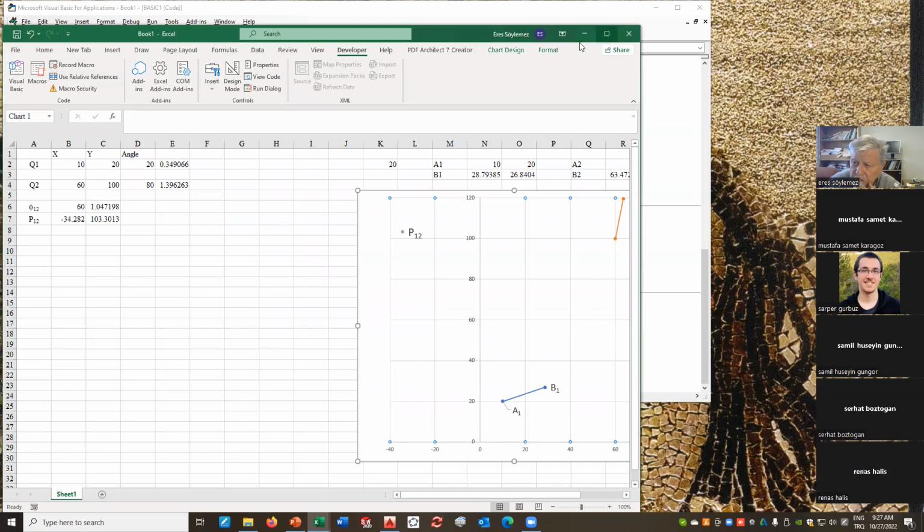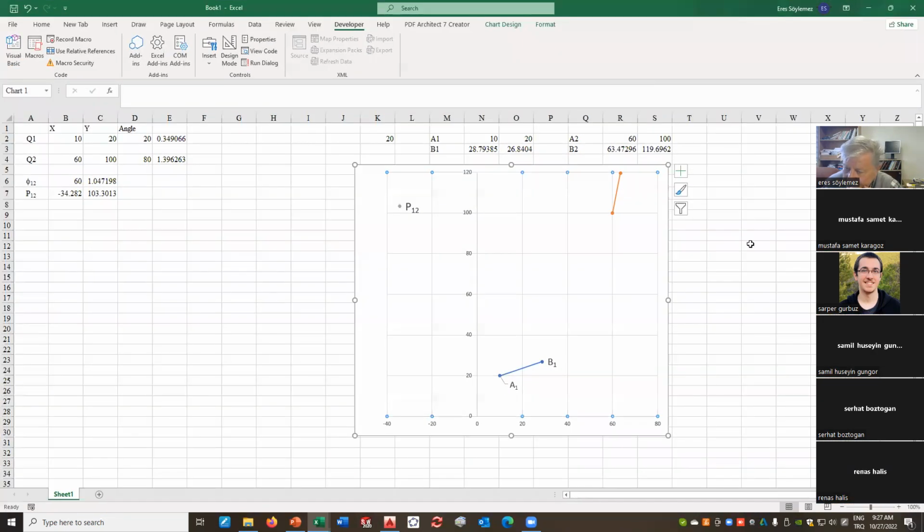Hocam. Yes, sir. What was phi12? Phi12 is the angle of rotation. At the first position, the angle is phi1, 20 degrees. In the second position, the angle is phi2, 80 degrees.